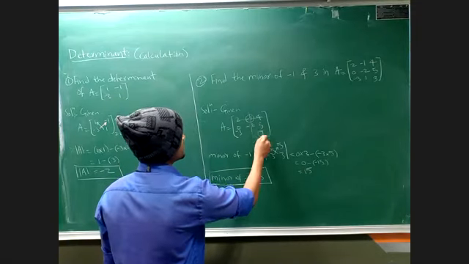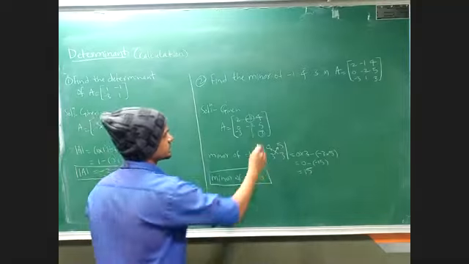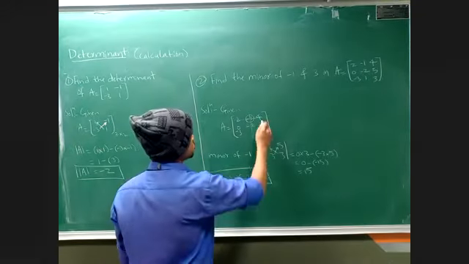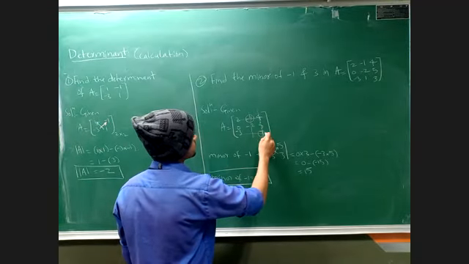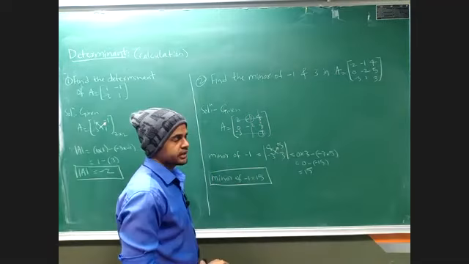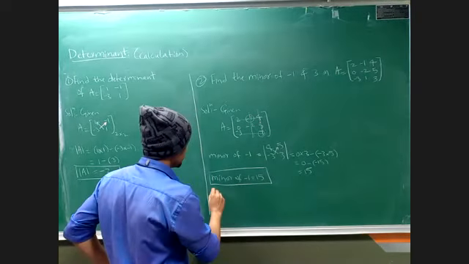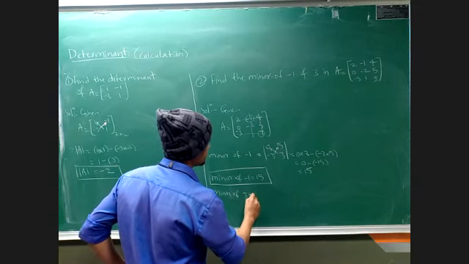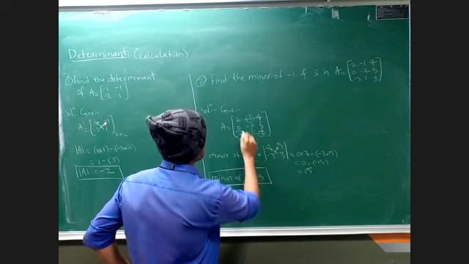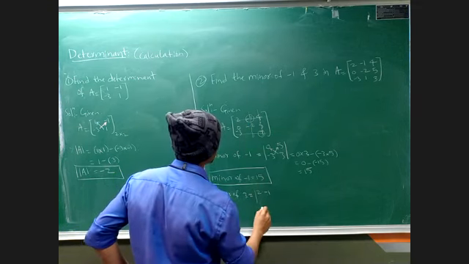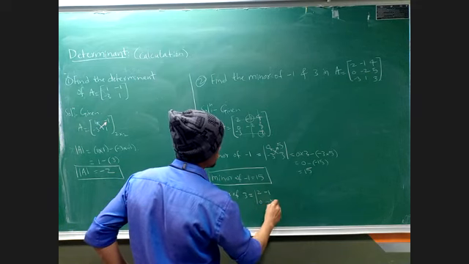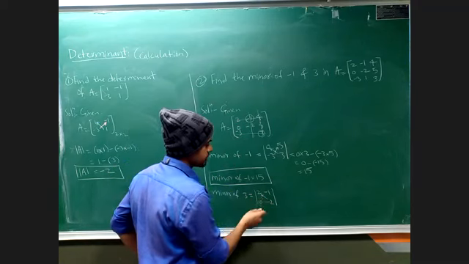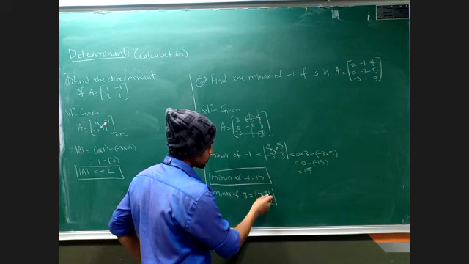Now similarly you can find the minor of 3. Here 3 is present, so I have to delete the respective column and the respective row. If I delete this and this, the rest of the part with the determinant is called the minor. So the minor of 3 is equal to 2 -1, 0 -2.